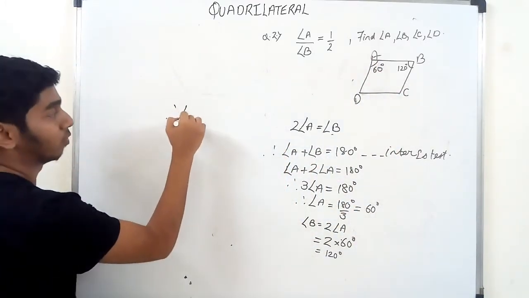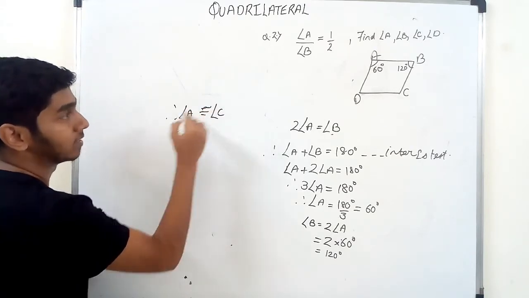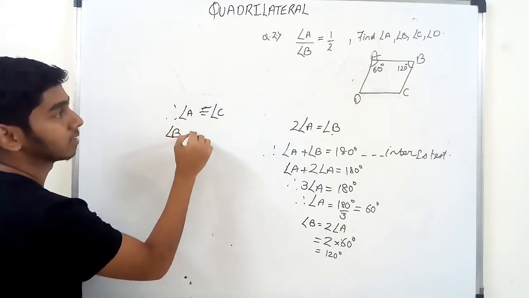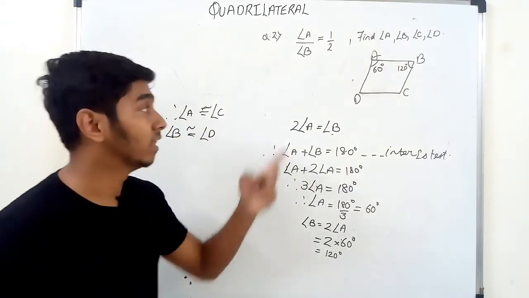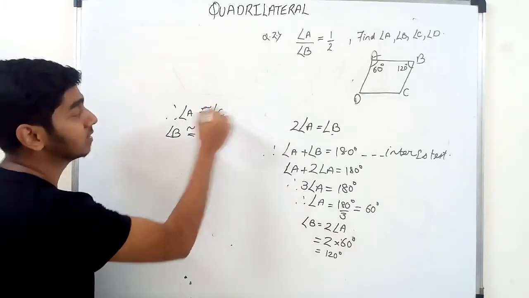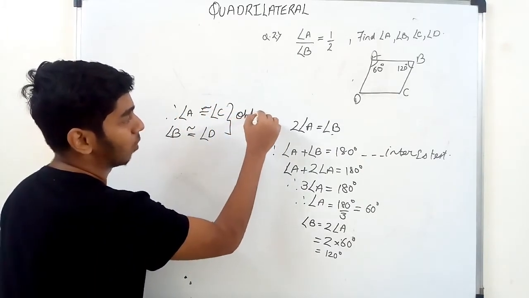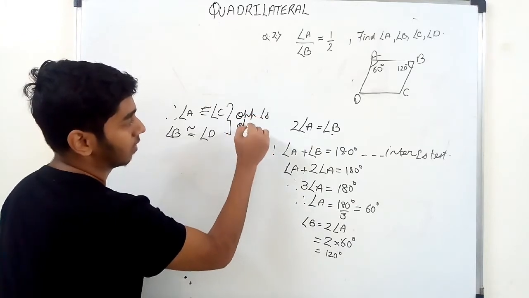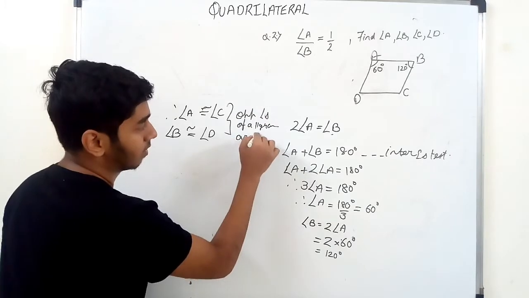Therefore angle A is congruent to angle C and B is congruent to D. The reason for this is that opposite angles of a parallelogram are congruent.